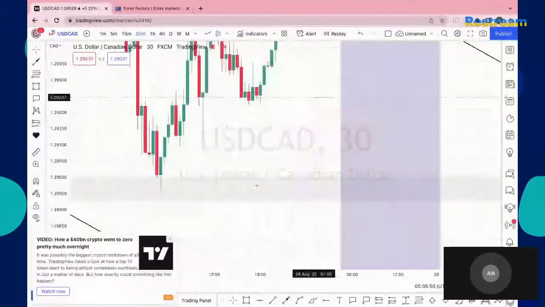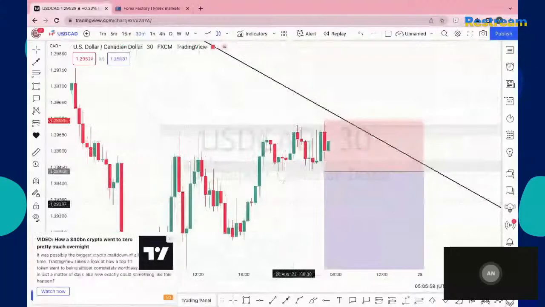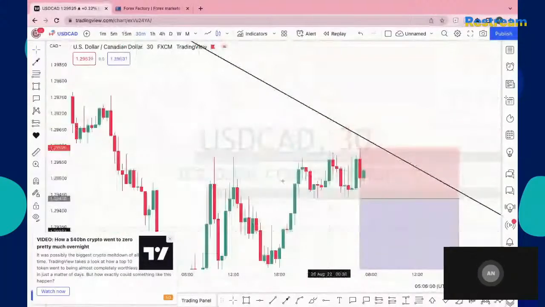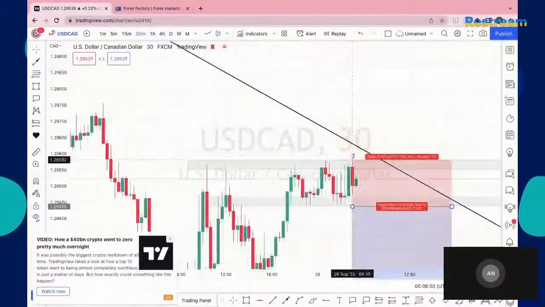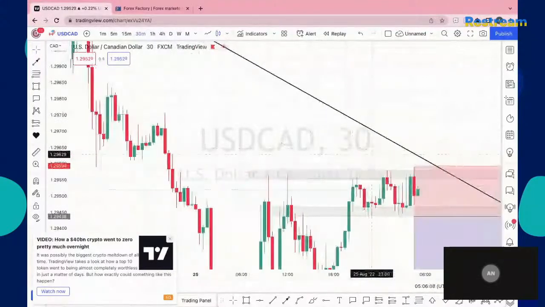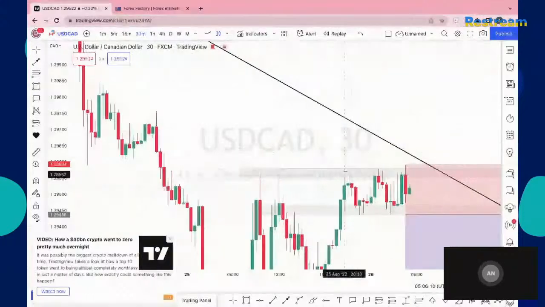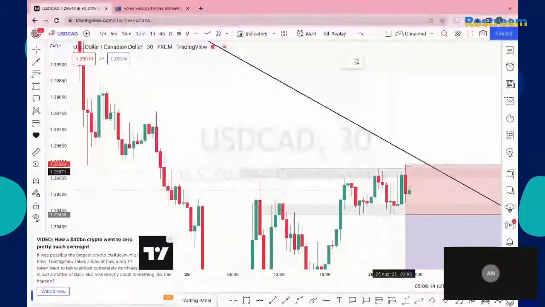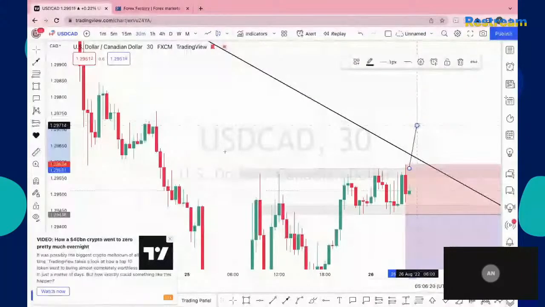So overall, I'm thinking this is a sell, but obviously we also have to consider upside as well. The break up above here, we have a push up to here, right?